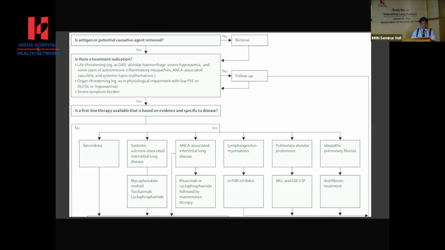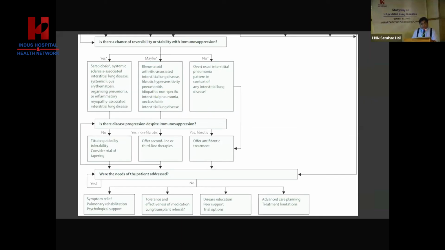For example, sarcoidosis, systemic sclerosis: go for MMF, tocilizumab, cyclophosphamide. If it is ANCA-associated, go for specific therapy like rituximab or cyclophosphamide, followed by maintenance. That was the induction. LAM is mTOR inhibitors, and PAP is whole lung lavage and GM-CSF, for example, specific.